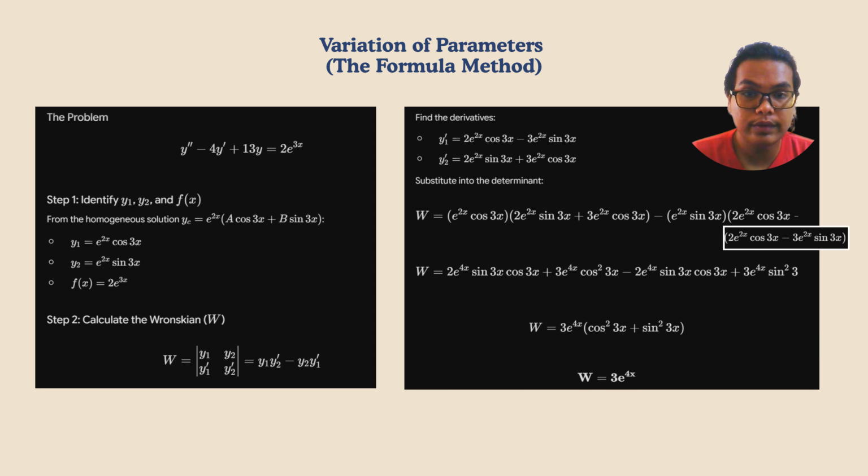We substitute into the equation: W equals e^(2x) cos 3x times (2e^(2x) sin 3x plus 3e^(2x) cos 3x), minus e^(2x) sin 3x times (2e^(2x) cos 3x minus 3e^(2x) sin 3x).